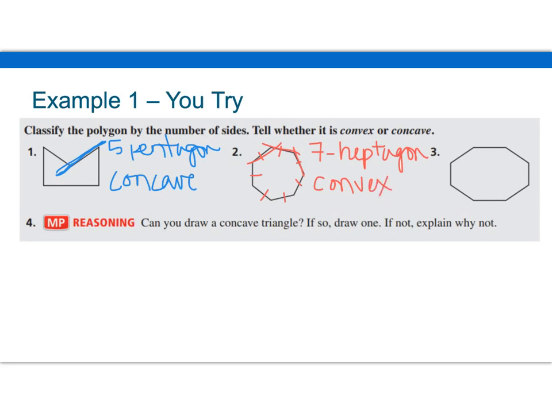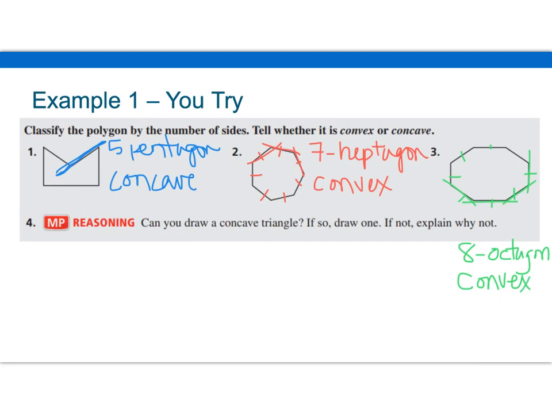Finally, for number 3, we have 1, 2, 3, 4, 5, 6, 7, 8 sides, which is what we call an octagon. And because I can't draw a line that goes on the inside of that polygon, I have another convex polygon.